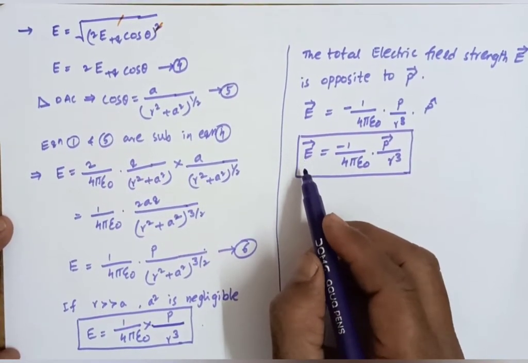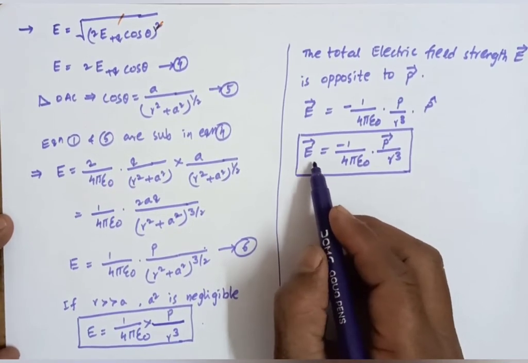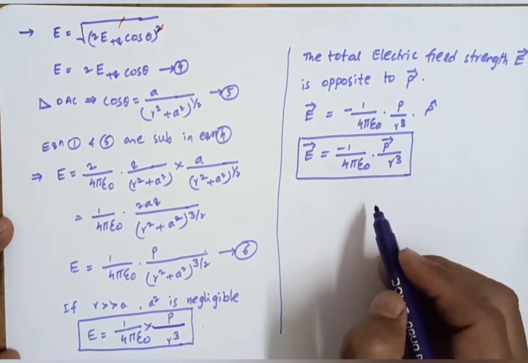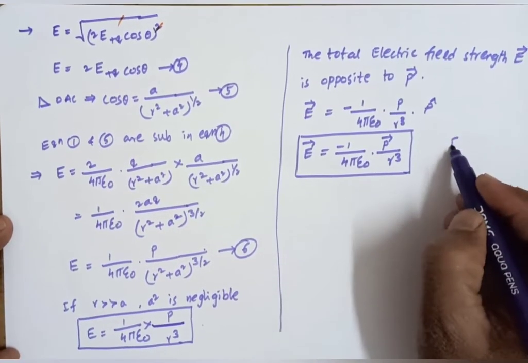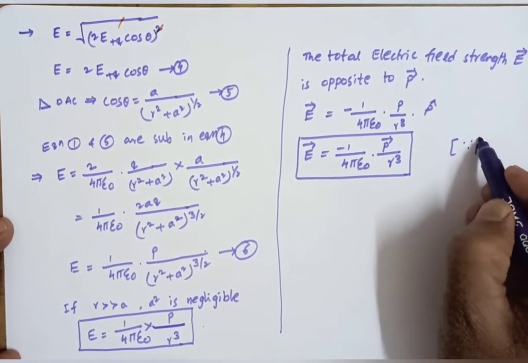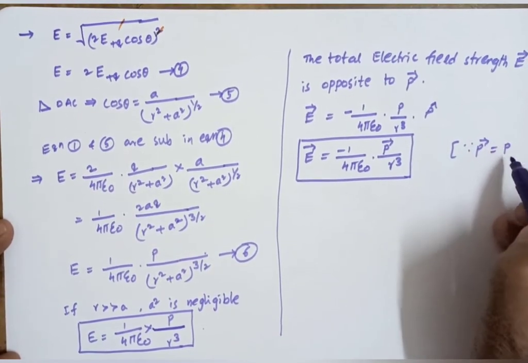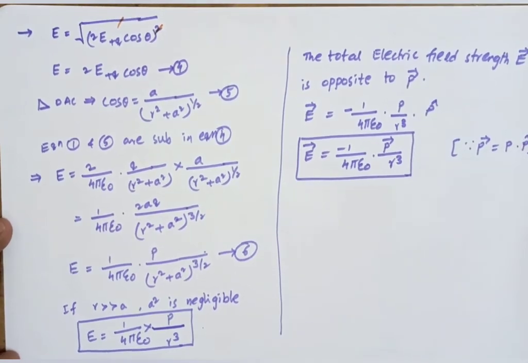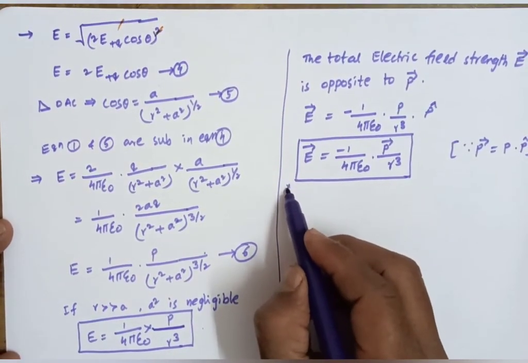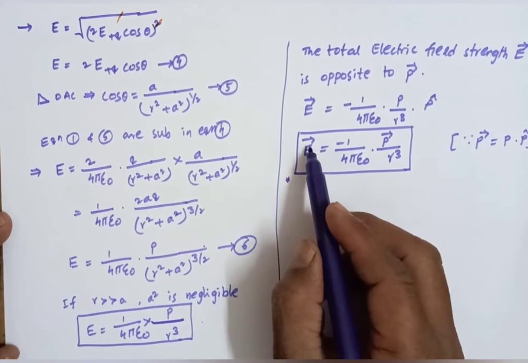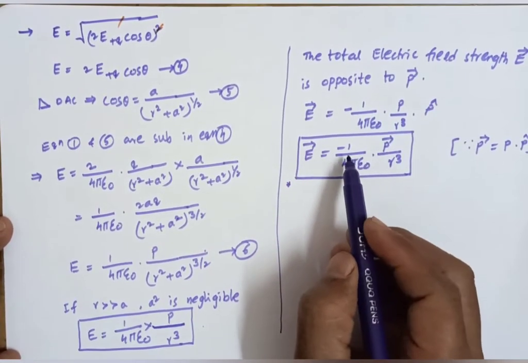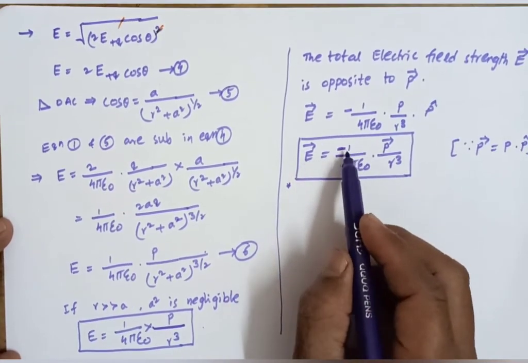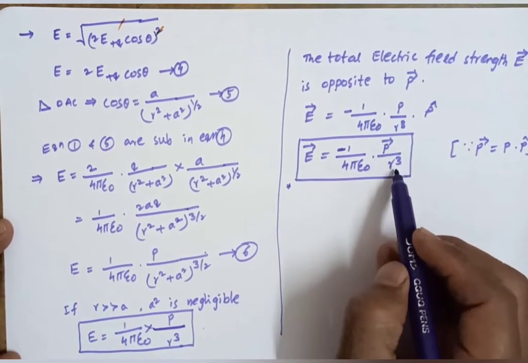The total electric field strength E bar equals minus 1 by 4 pi epsilon naught P bar by r cube, since P bar equals P into P cap. Okay, so this is about the electric field strength on the equatorial line at a point C.